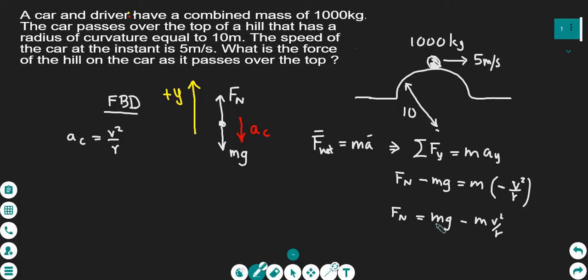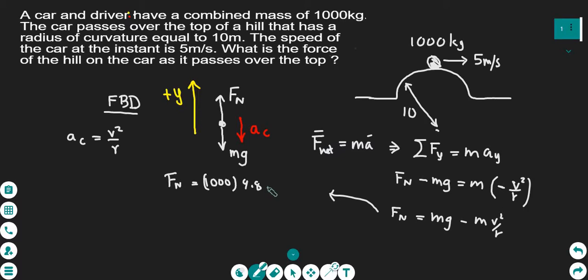So now I can substitute the numerical values. The reaction force exerted on the car by the ground, the normal force, is F_N equals 1000 times 9.8, that is the gravitational acceleration close to the surface of the earth.